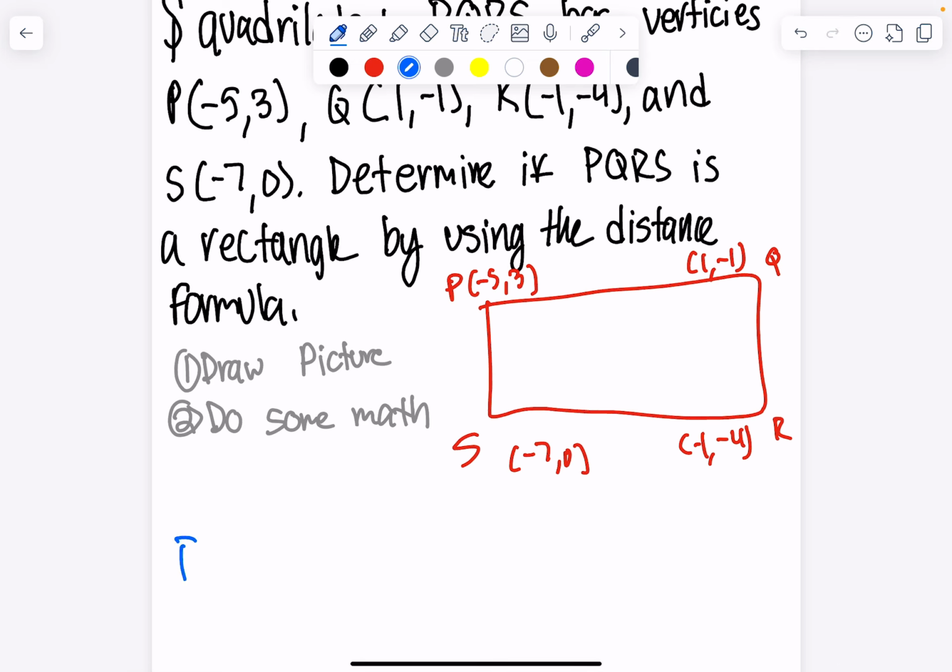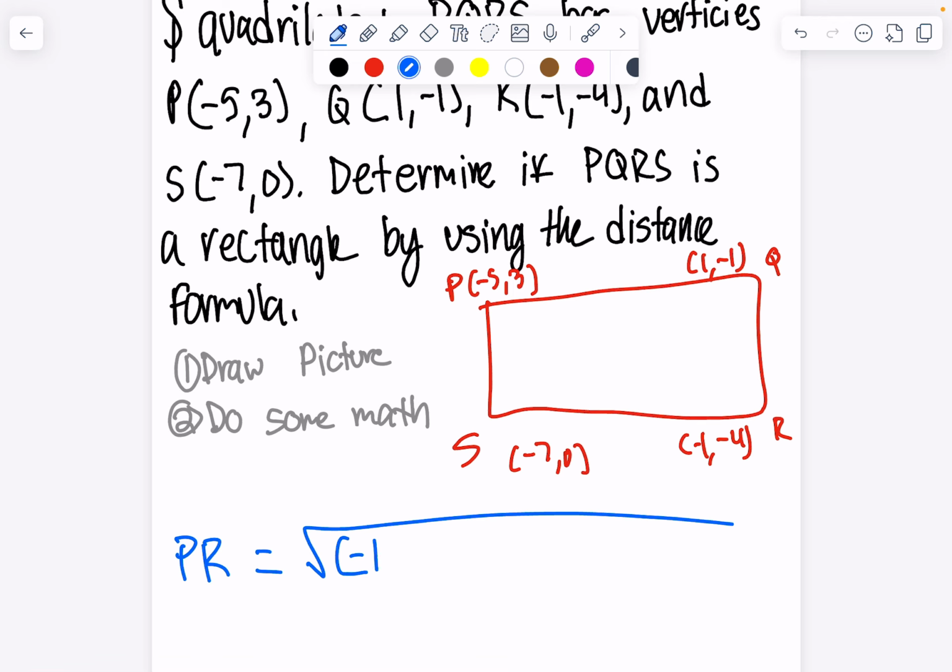So let's find PR. That's equal to the square root of, take our x values, which in this case we'll do (-1 - 5) squared. We'll add that to (-4 - 3) squared.